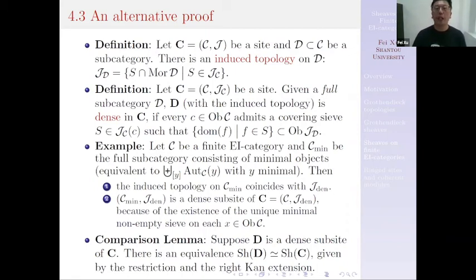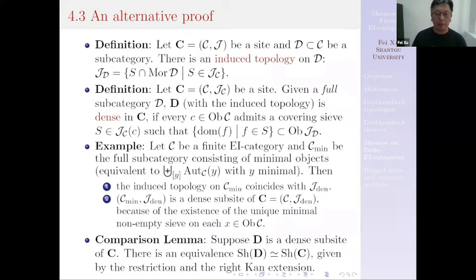So whenever you have a dense subsite, you can change from the bigger category, the category of G-sets, to the smaller one, the orbit category.